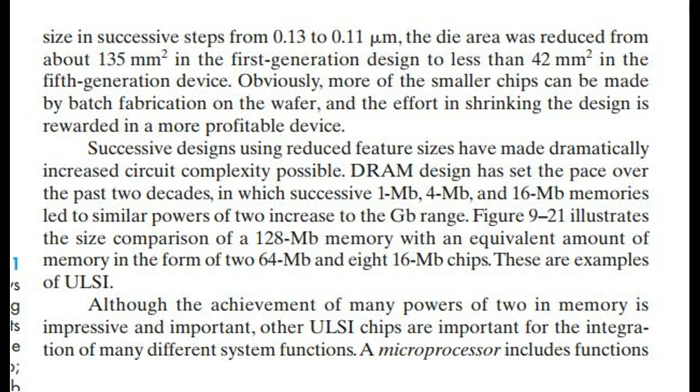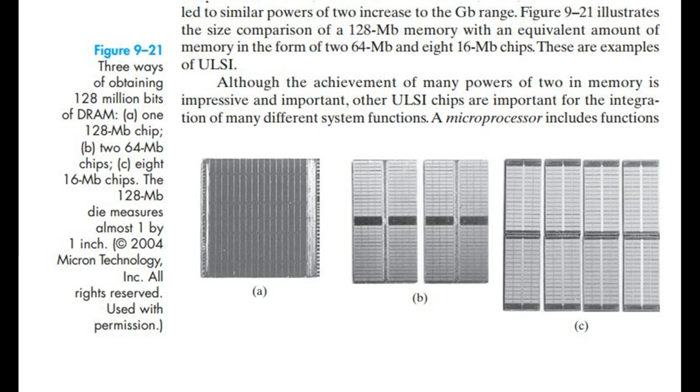Although the achievement of many powers of 2 in memory is impressive and important, other ULSI chips are important for the integration of many different system functions. A microprocessor includes functions for a computer central processing unit, CPU, along with memory, control, timing, and interface circuits required to perform very complex computing functions.